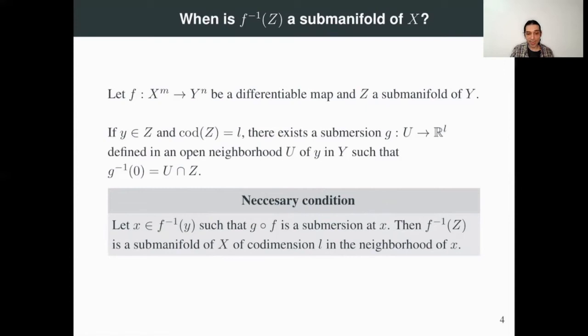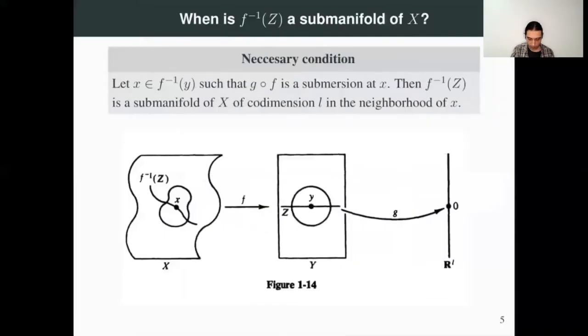If we can actually have an expression of such a condition that is intrinsic, then we are going to be in a much better place. So this is a picture of our situation. What we want to understand is whether the preimage of C is actually a submanifold of X in a neighborhood of a small x.